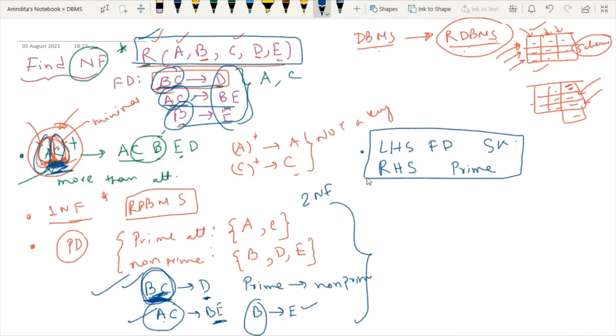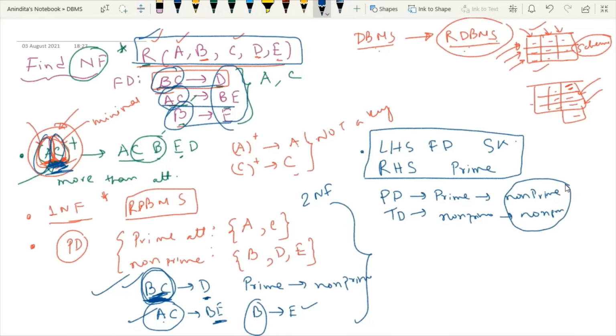So what is the meaning? I have explained that the definition of partial dependency is prime to non-prime. The definition of transitive dependency is non-prime to non-prime. So if you check the RHS part, you will always get a non-prime thing.